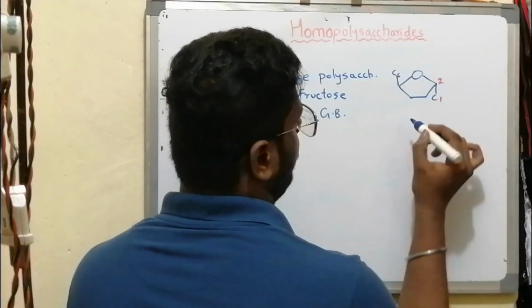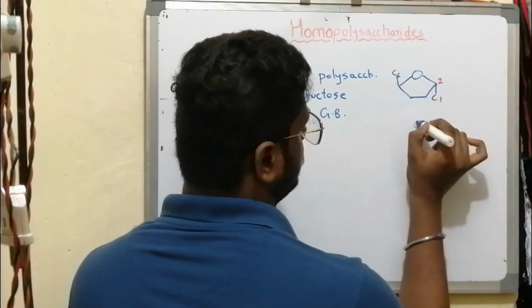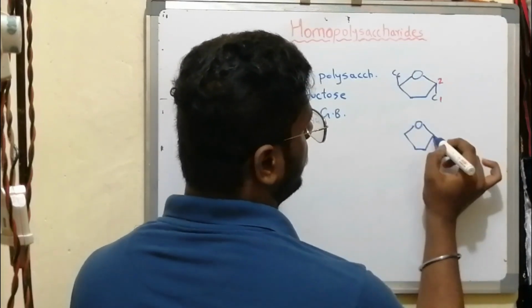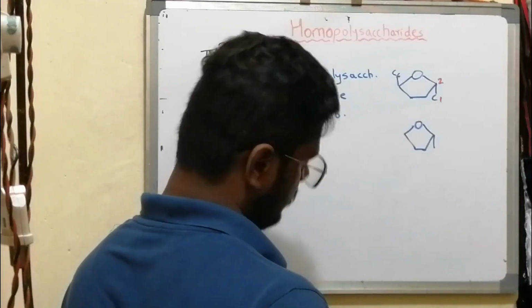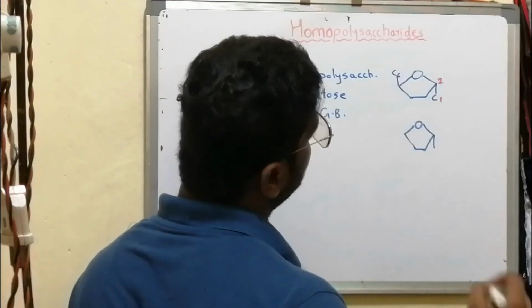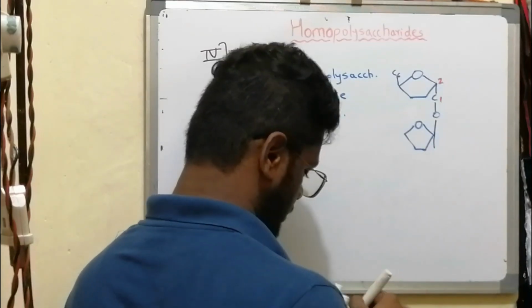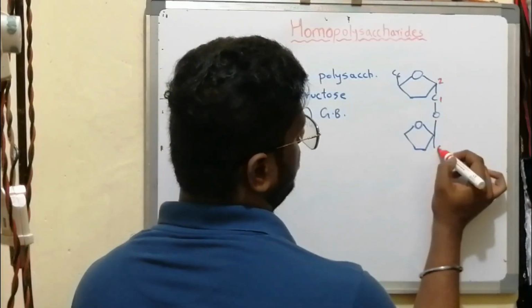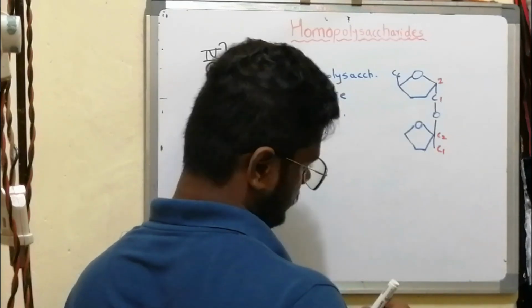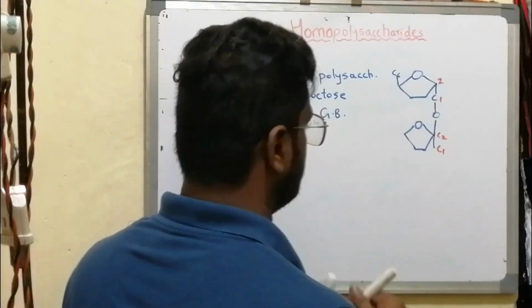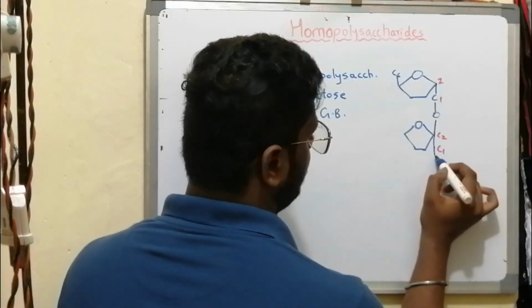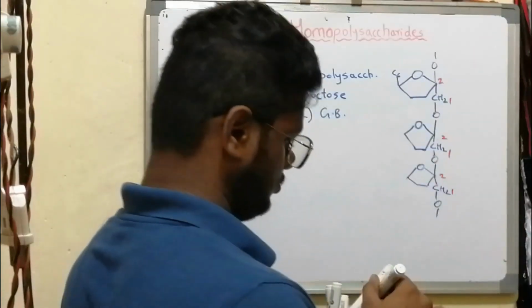So if I draw the next fructose here, the bond will be present here. Again, this is C1, this is C2, and the story repeats. Again, there is a glycosidic linkage. This is 1, this is 2.